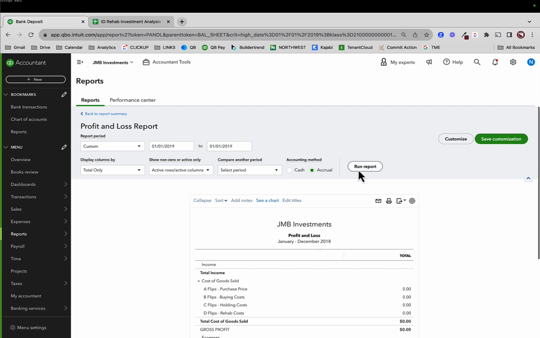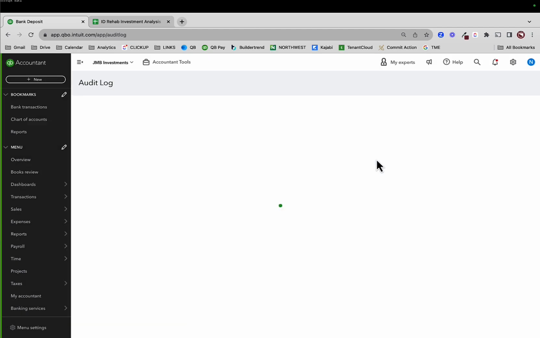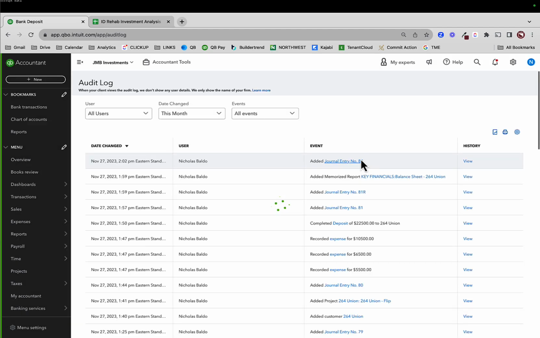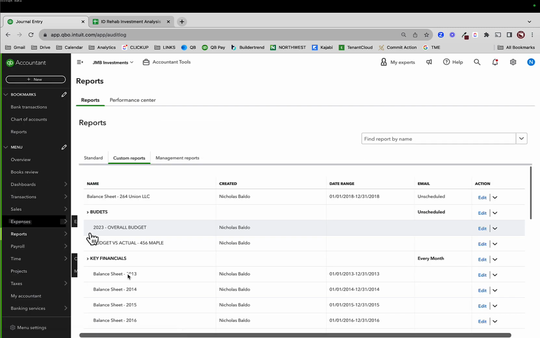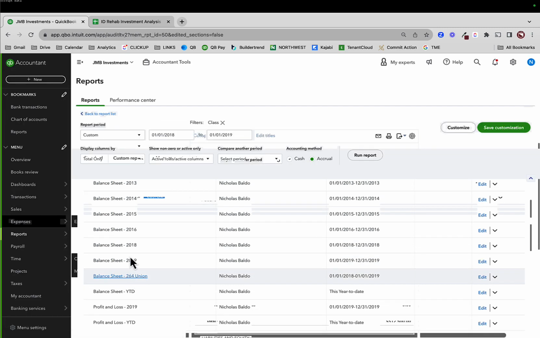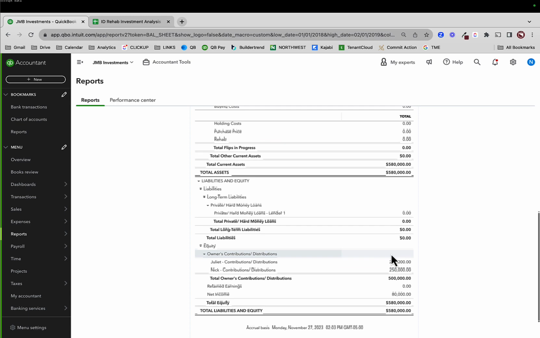I just got to get my sales price right. Okay, so I sold in 2/1/2019. So all I need to do with this, my apologies, I got to go to this balance sheet for 264 Union, and this has to go through next year. There we go. Now everything's zeroed out.